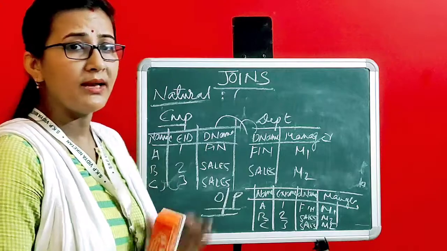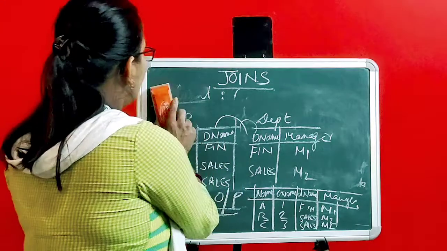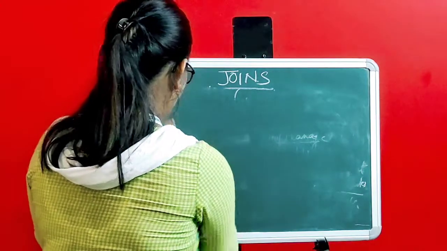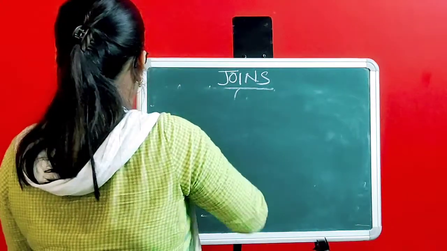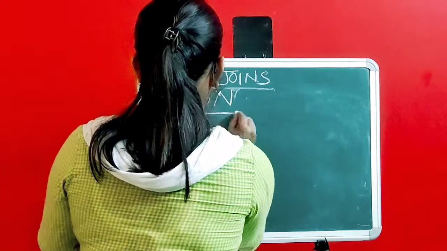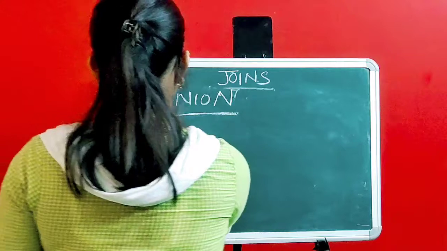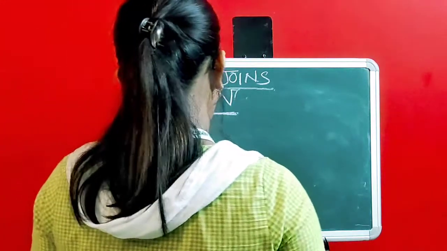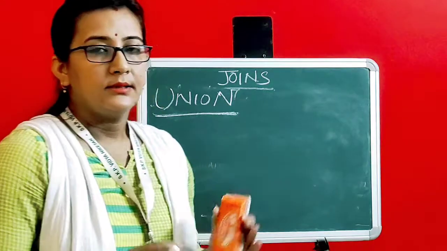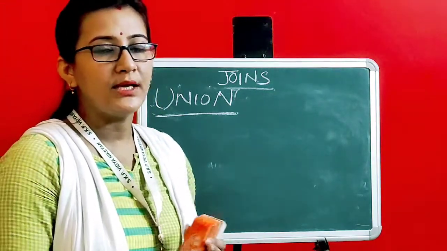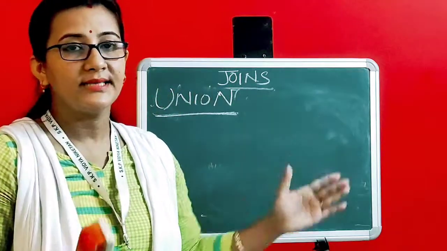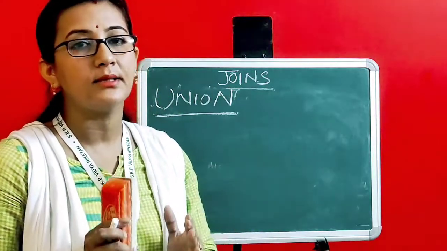Okay, now next we will move to union join. What happens in case of union join? See, there are two tables. The union join will give the result which is present in both the tables.